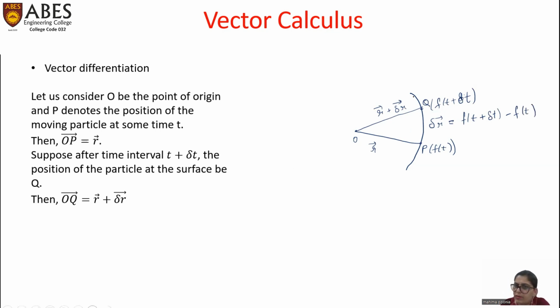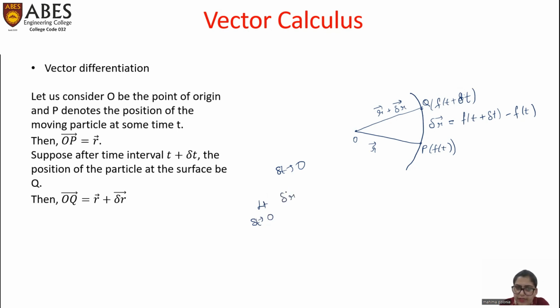Now let us suppose that delta t tends to 0. Then this point Q will lie on P. This can be calculated by taking the limit where delta t tends to 0.